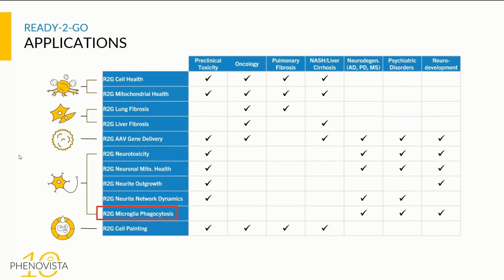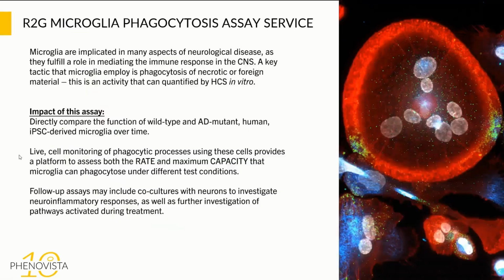The last ready-to-go assay I'll go over is the microglia phagocytosis assay. And this one is a live cell imaging assay. The microglia are becoming increasingly implicated as big players in onset or progression of various neurological diseases. Microglia are known as the immune cells of the CNS because they help maintain neuronal health.